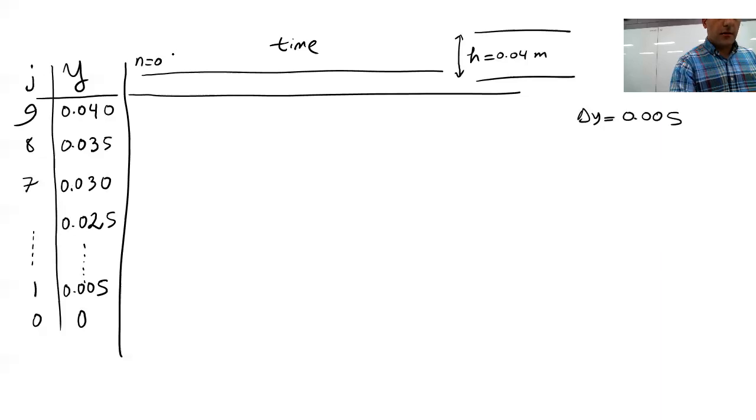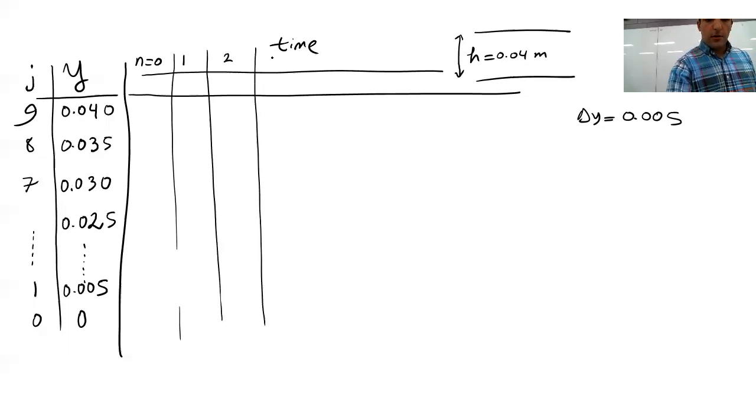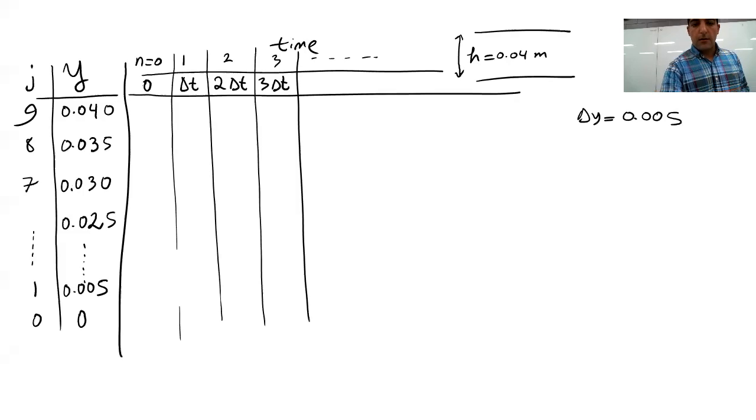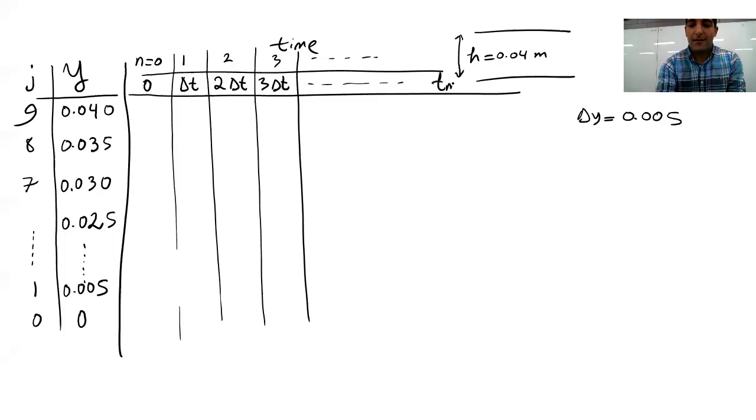Initially n equals 0, then the next time step n equals 1, 2, 3, and higher, or I can show it in the form of delta t: 0 delta t, 1 delta t, 2 delta t, 3 delta t, all the way to my t max. This is my max n. Everybody following so far?